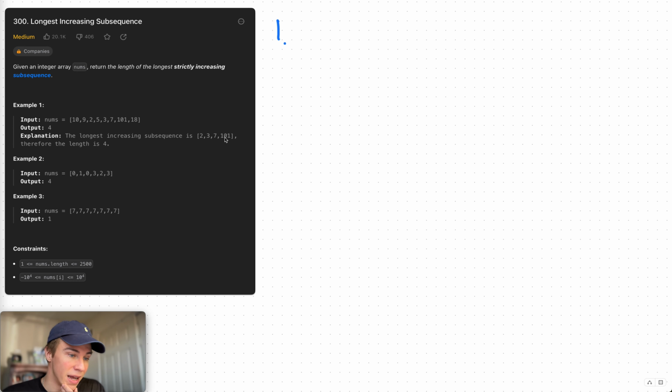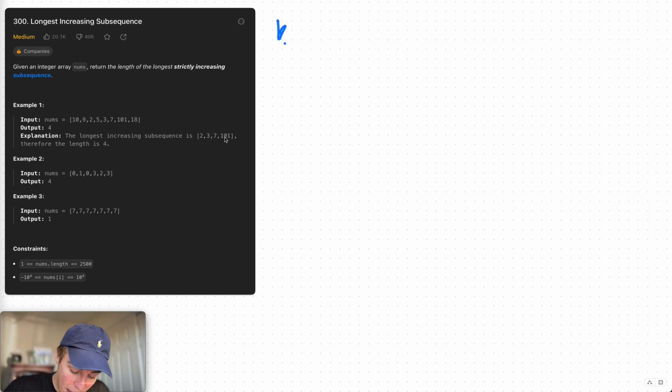So for example, starting with 10, we would have the longest increasing subsequence length 1, and it ends with 10. Then 9 is less than 10, so we would replace the previous subsequence of length 1 with 9. Why? Because 9 now replaces what would ideally be the best starting point for our longest subsequence, because it's smaller than the 10.